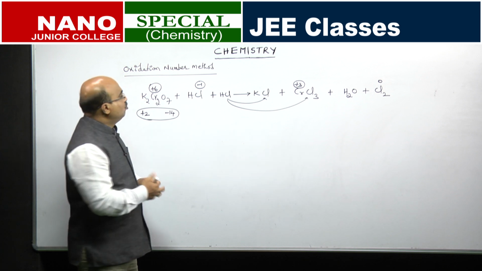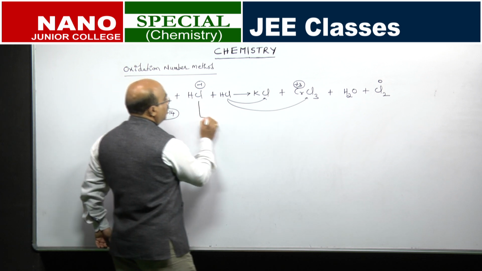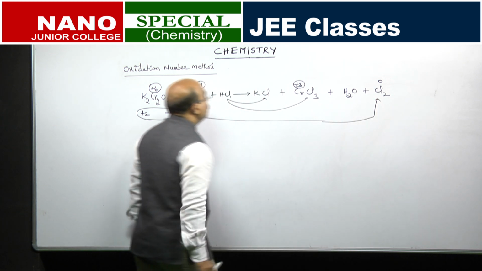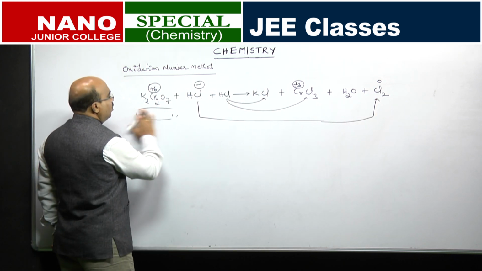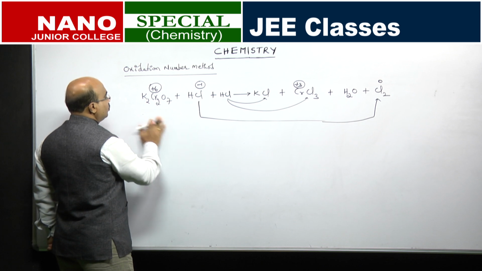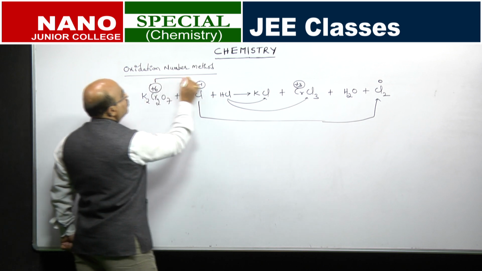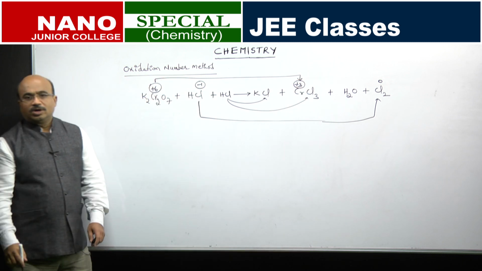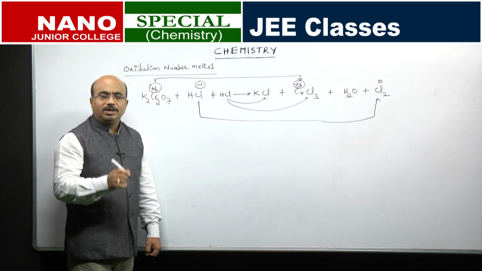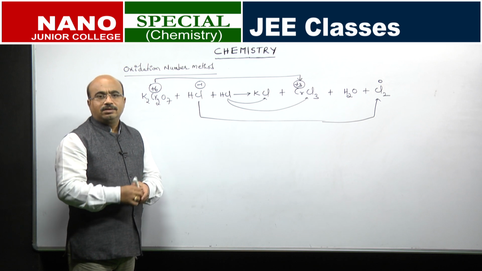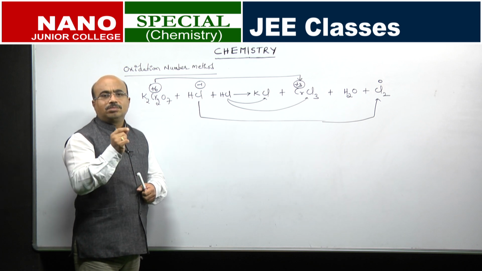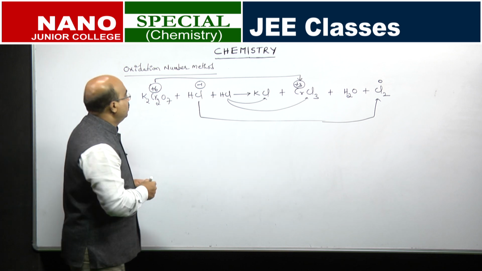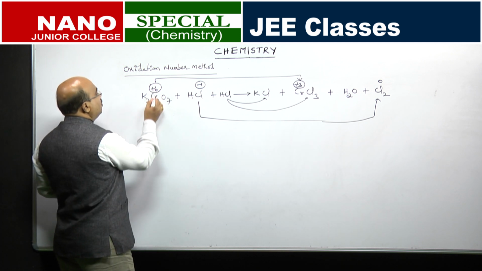Now, here we assume this chlorine will convert into 0 and the chromium will convert into 3. So, what you have to do? After identifying that element, calculate the change in oxidation number for a single molecule. How many chromiums are here?